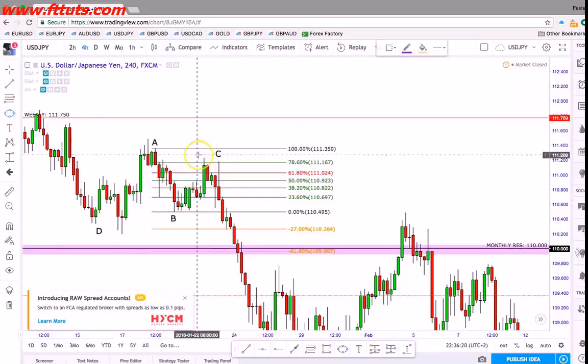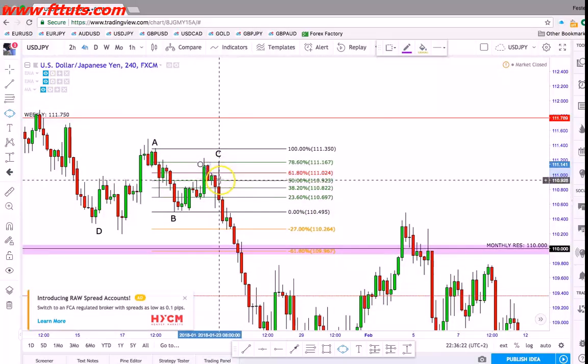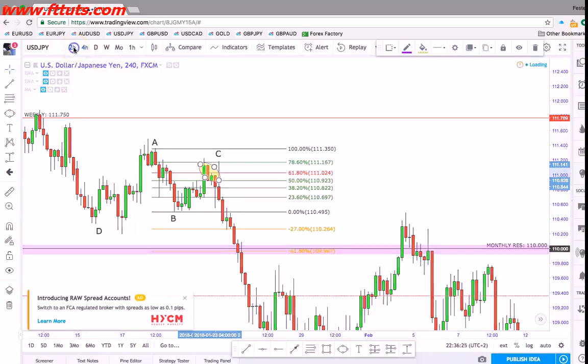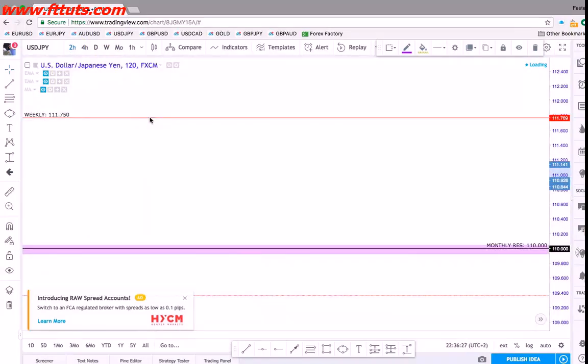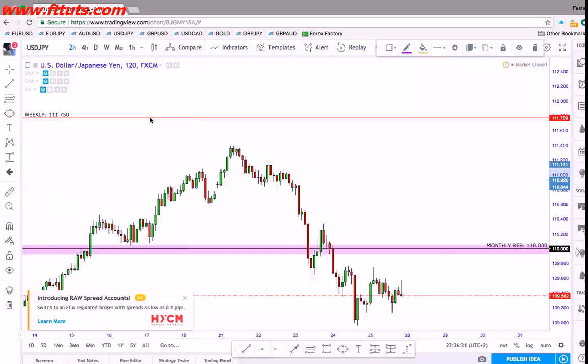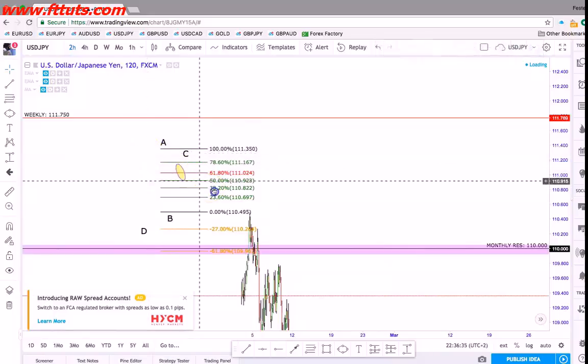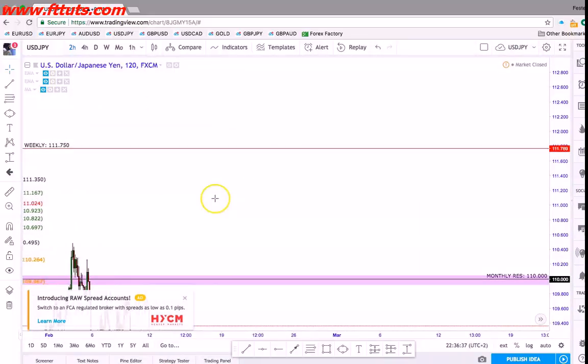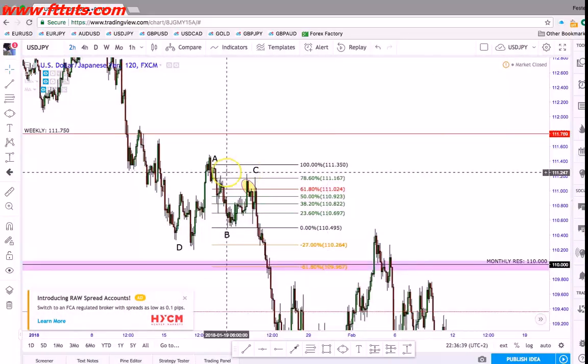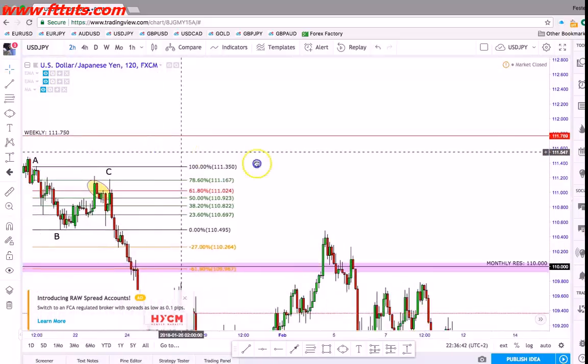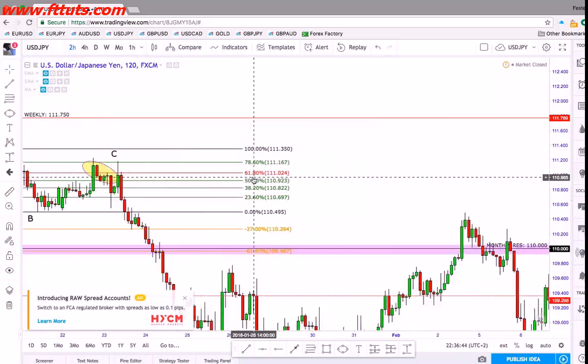Again, you would base your entry off looking at this area, stepping down to the 2 hour. In here, what candlestick patterns can we see?